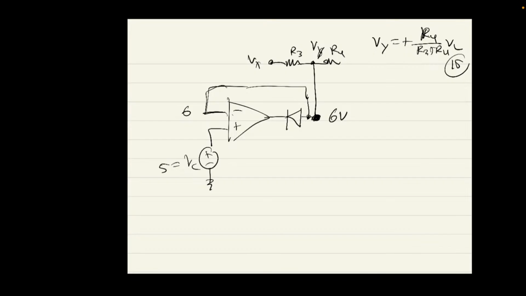The difference is 5 minus 6, which is negative 1, so this voltage gets pulled down to negative VL, like negative 15 volts. You can see that the diode gets opened. Since it's opened, now we just have a voltage follower, so 6 volts gets pulled down to 5 volts. Does that make sense?